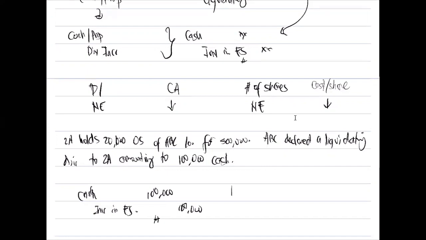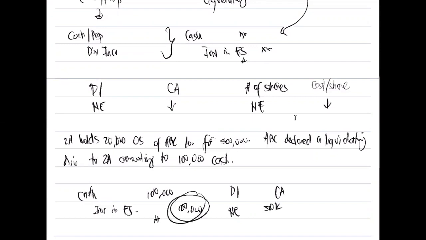So we look at the effect on dividend income. There is no recorded dividend income, therefore no effect. Your carrying amount, before it is 500,000, you will decrease it by 100,000. It is now 400,000, therefore decrease. As to the number of shares, before it is 20,000, now it's still 20,000.